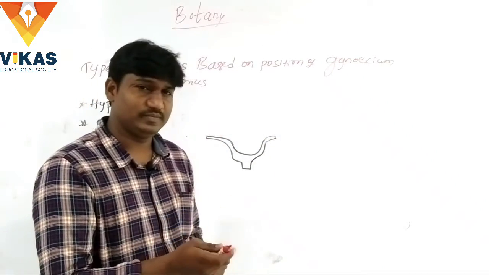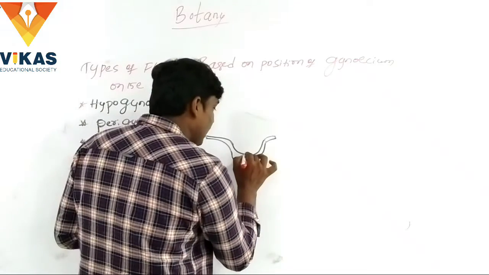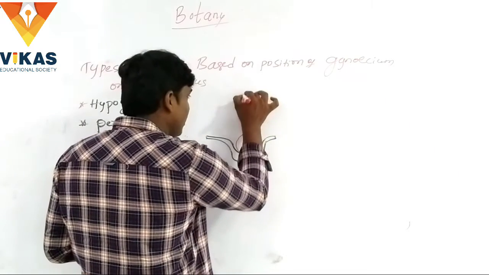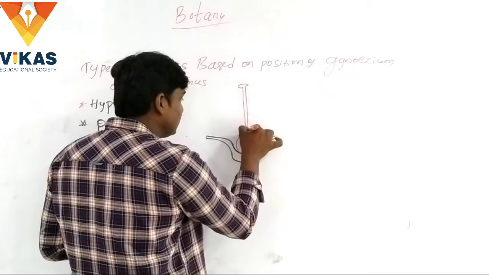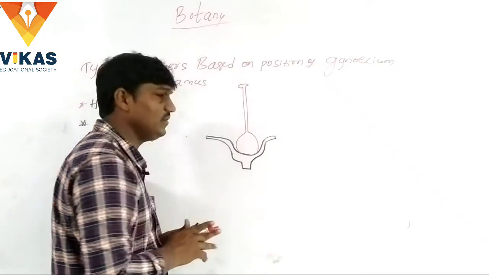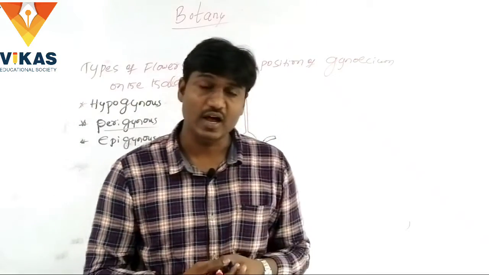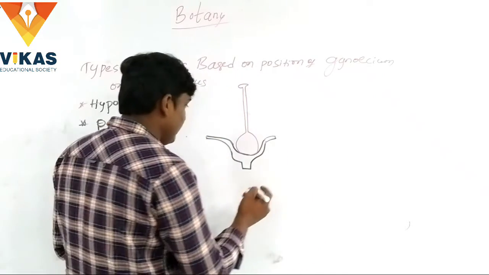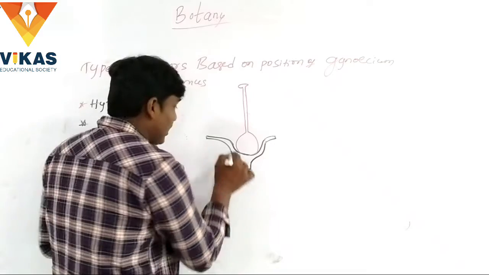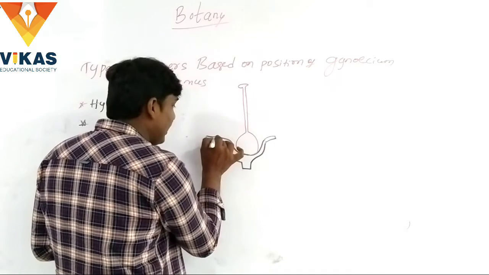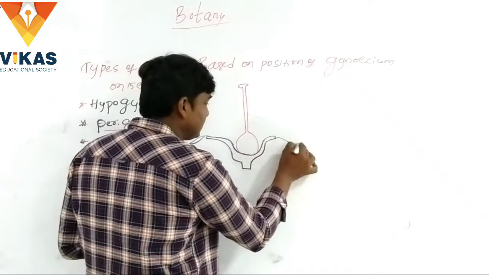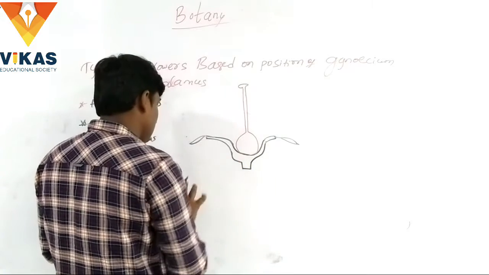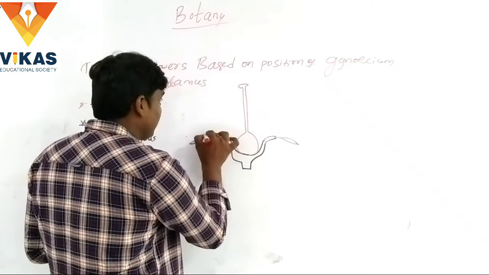The ovary or gynoecium is seated at the center of the thalamus, whereas other floral parts are arranged from the rim. This is the calyx and corolla.